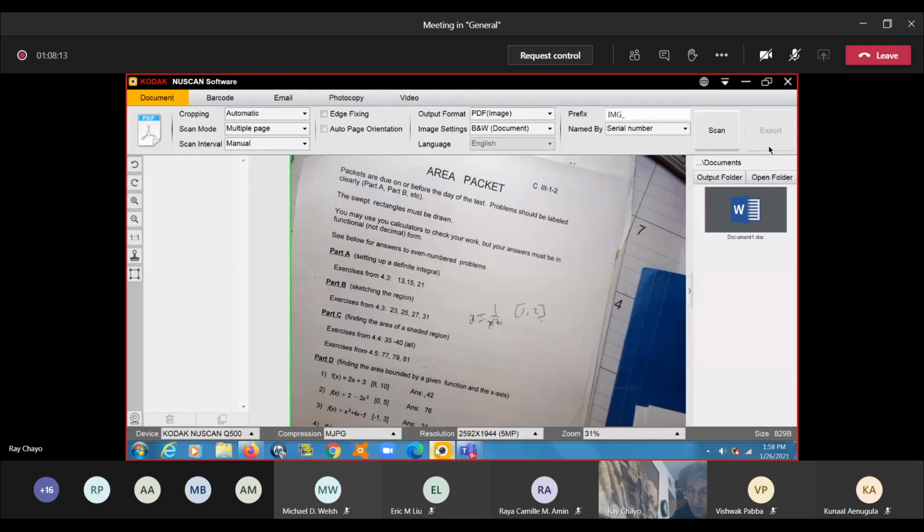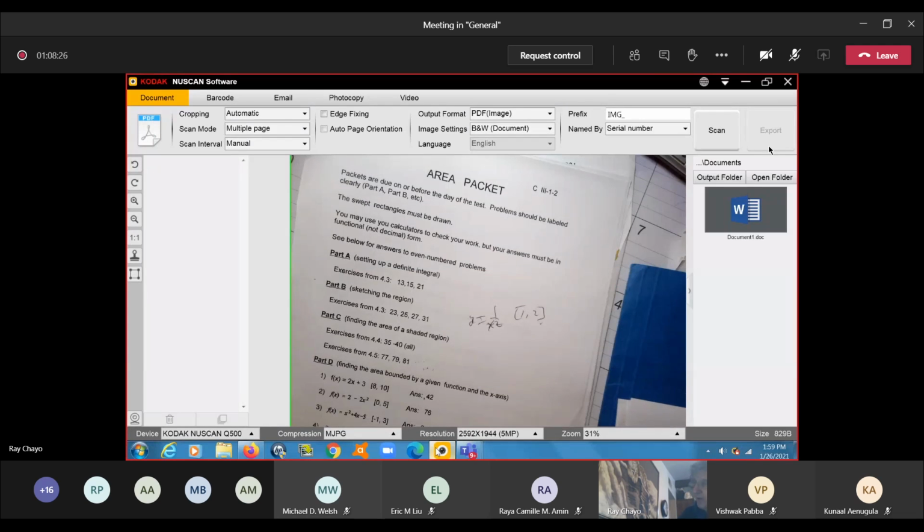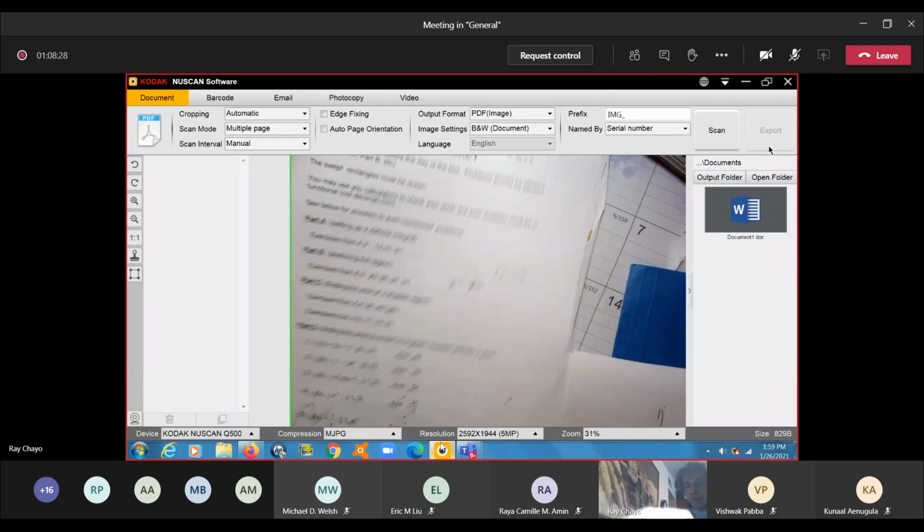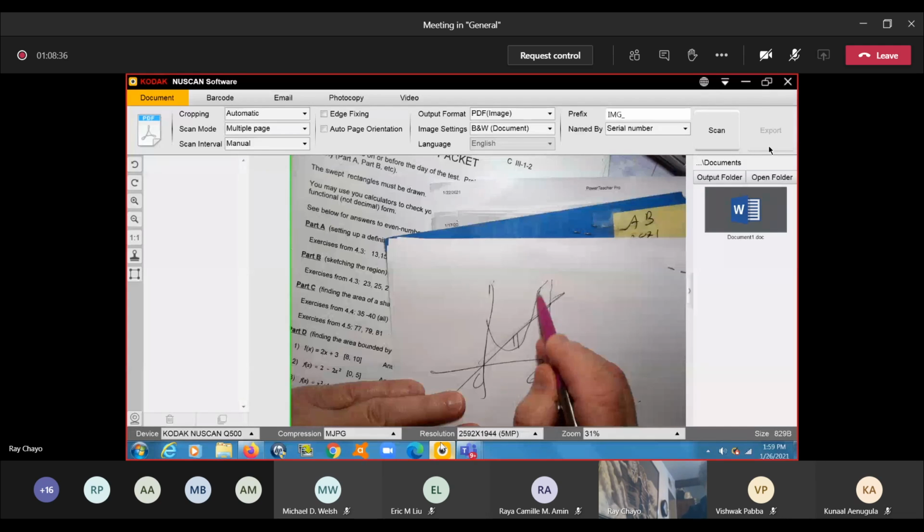And it doesn't matter if it's horizontal or vertical, but I would say from 0 to 6, you go, oops. Oh, you can't see. Hold on. Yeah. So if you want the area between this curve and this line, you're going to have to sweep this and then sweep this.